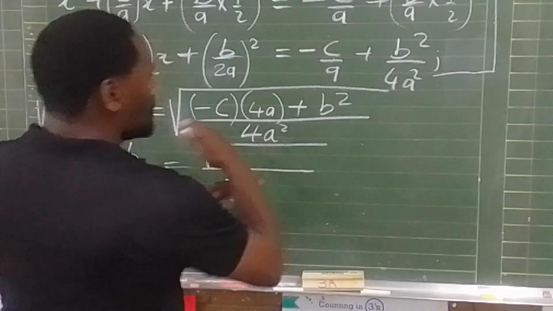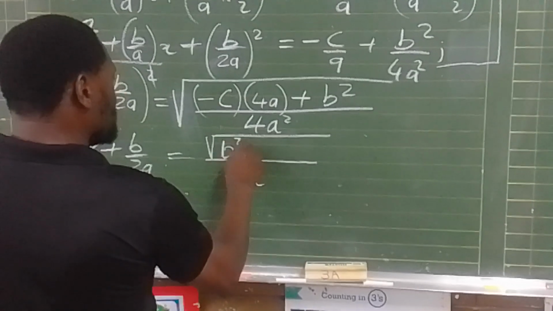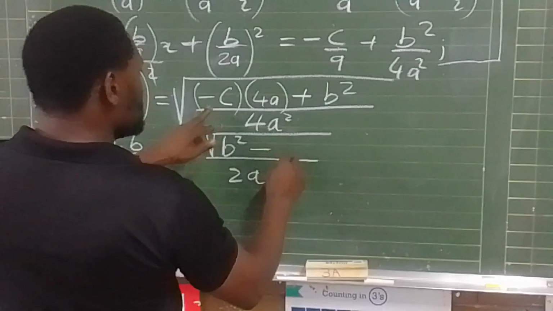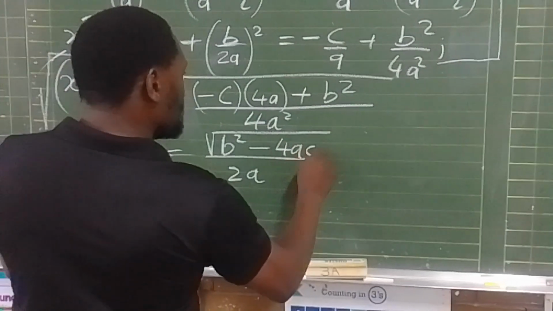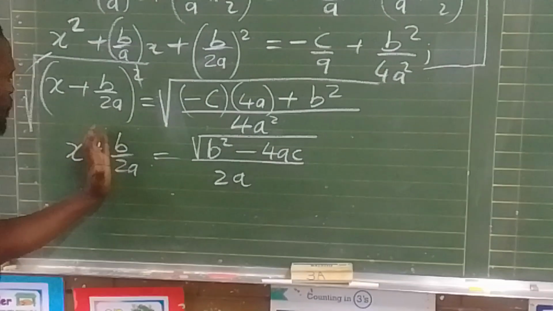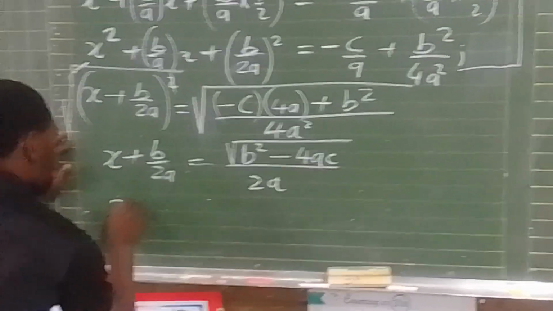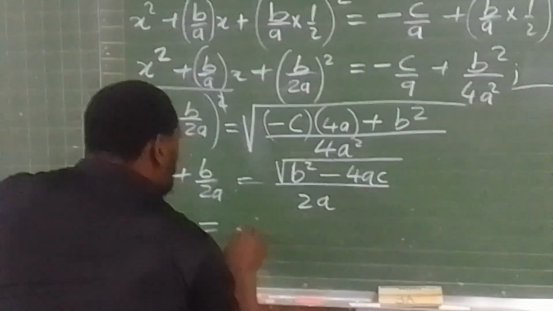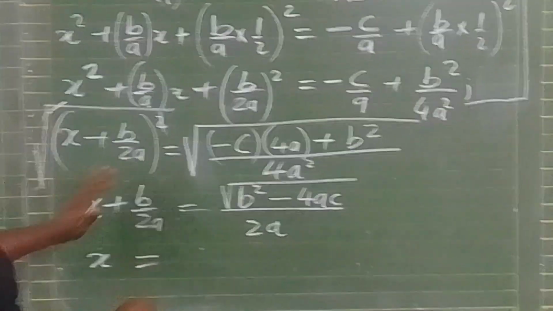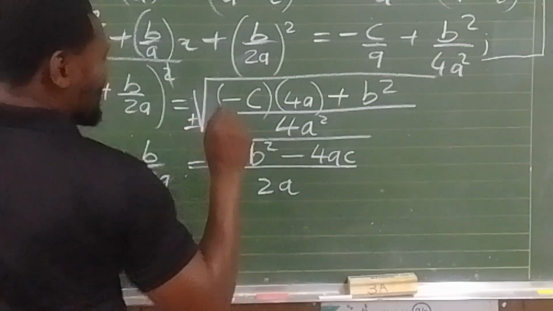Now here it is a matter of arranging. We start with a positive number, which is b squared minus 4ac. Now you take this b over 2a term to that side, then you have x is equal to. Once you apply the square root, you introduce a plus or minus.